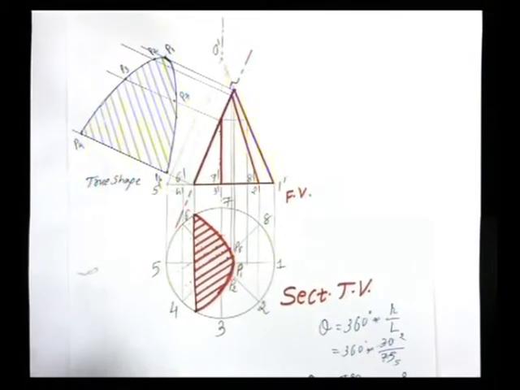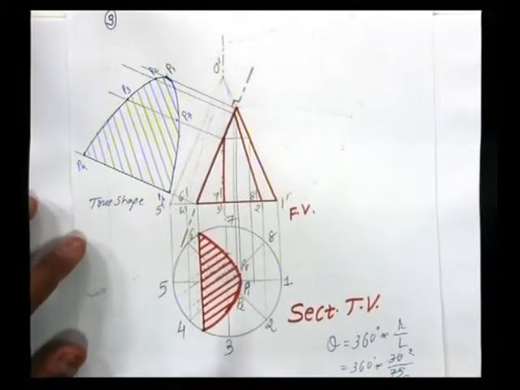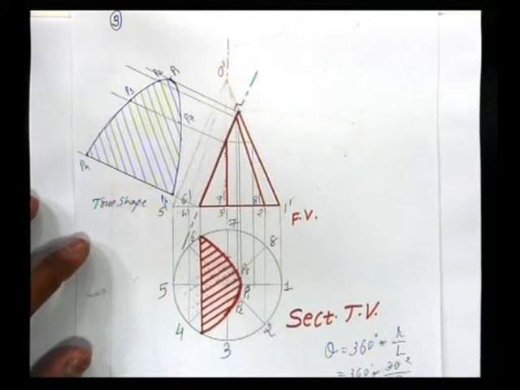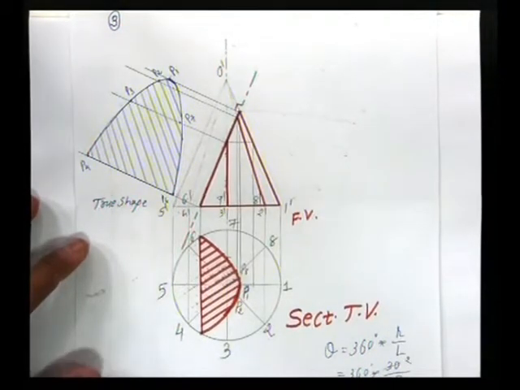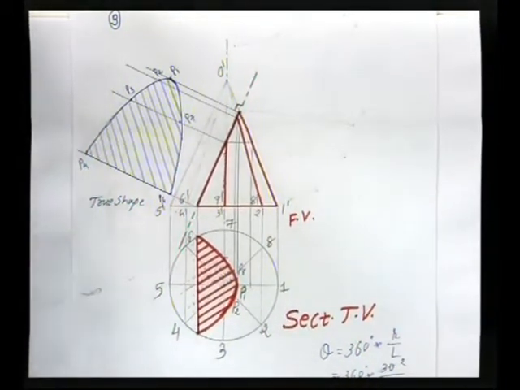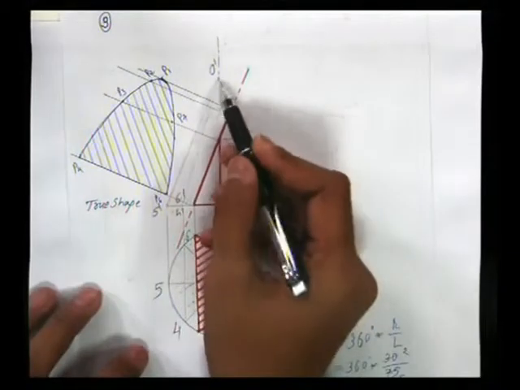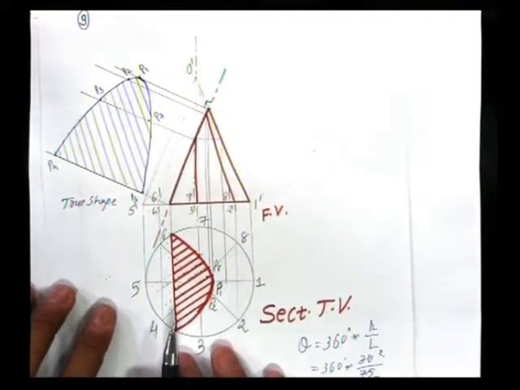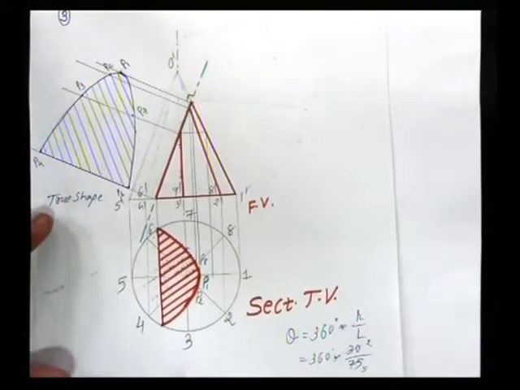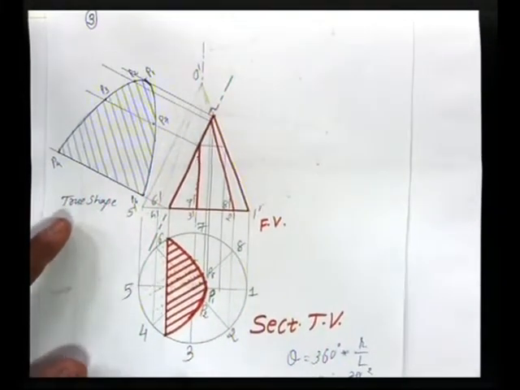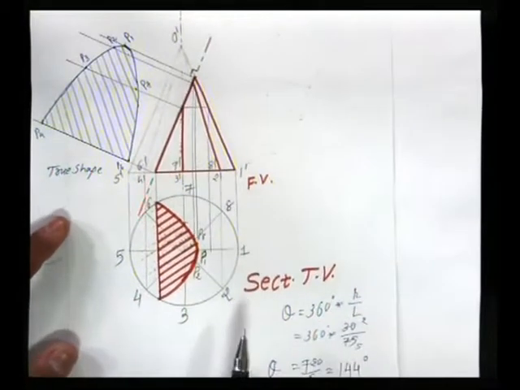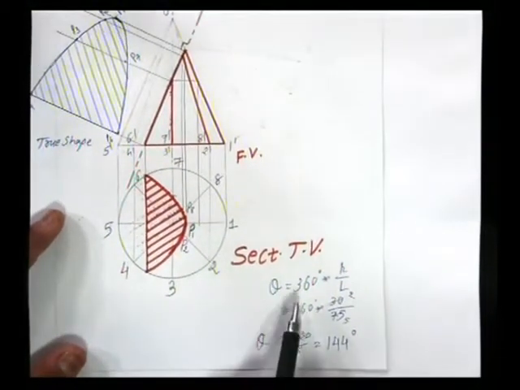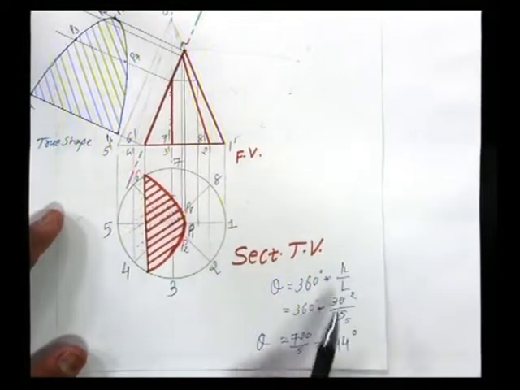Now in this problem, one step is added: to draw the development of its lateral surface. To draw it, let me assume that this cone O dash 5 dash to 1 dash is not cut anywhere, and to draw the development of the cone, the first step is to find out its angle theta. The equation for angle theta is known to us: theta is equal to 360 degrees into radius upon length.